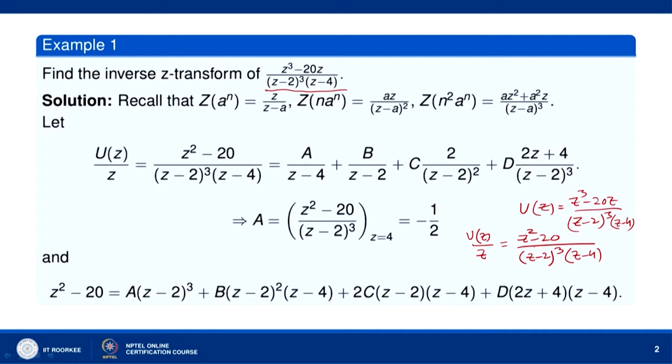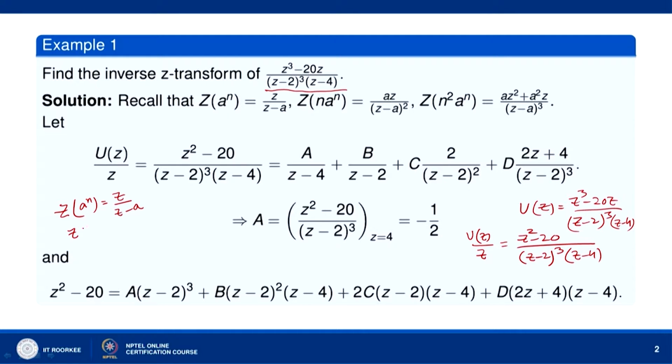Now, why do we do this? Because if you straight away break U(z) into partial fractions, then the partial fractions will not come in the standard form. We know that Z of a to the power n is Z over Z minus a.